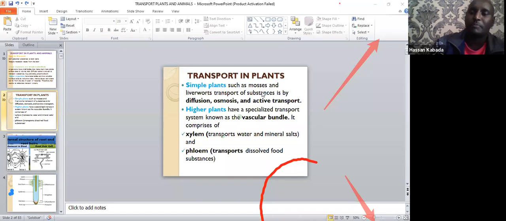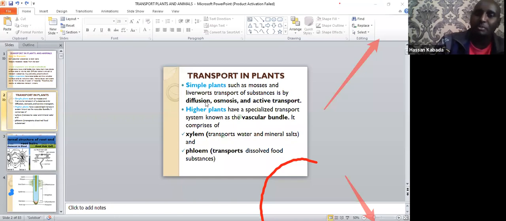If you remember Form 3 work and the characteristics of these bryophytes, we say they are simple and lack a transport system like the xylem and the phloem. They are less developed. They are not differentiated into three body parts: roots, stem, and leaves. So they don't have much stress as far as transport is concerned.